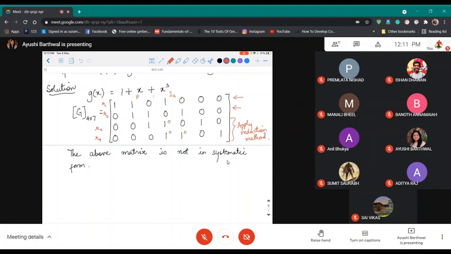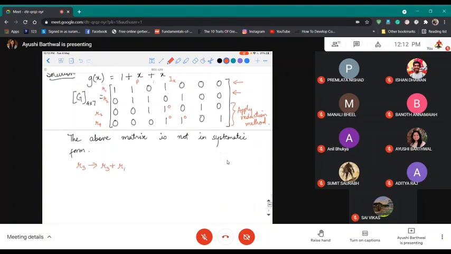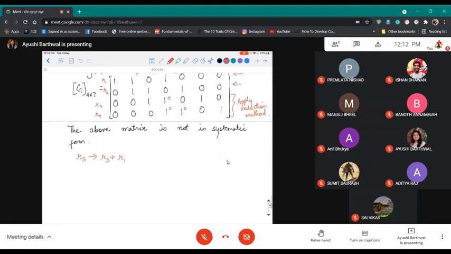So to make this term 0, we can change R3 to R3 plus R1, where addition is modulo 2 addition, and we'll change all the elements of R3.